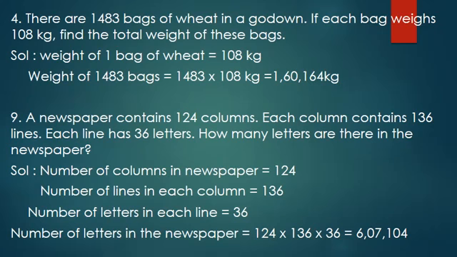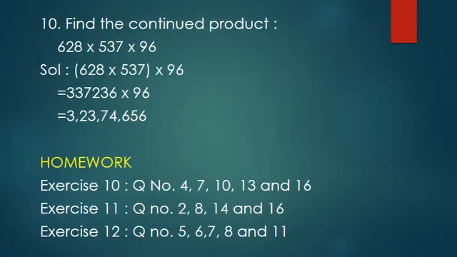Number of lines in each column is equal to 136. Number of letters in each line is equal to 36. And the number of letters in the newspaper is equal to, you have to multiply all the 3 numbers: 124 multiplied by 136 multiplied by 36. You will get the answer 6,07,104.